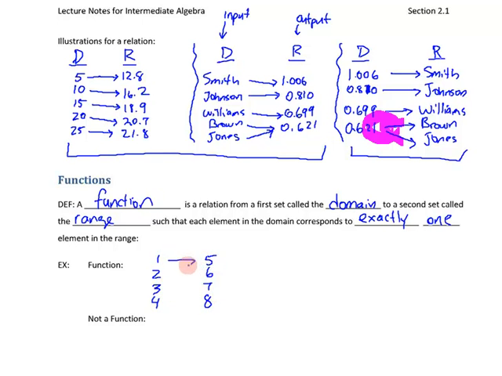It's perfectly okay for two different inputs to go to the same output, but as long as every input has exactly one output, it's a function. But if ever one input corresponds to two different outputs, it is not a function.